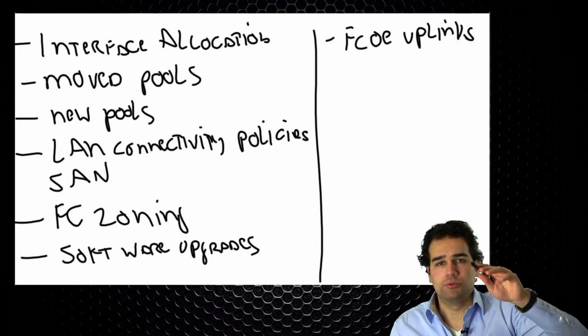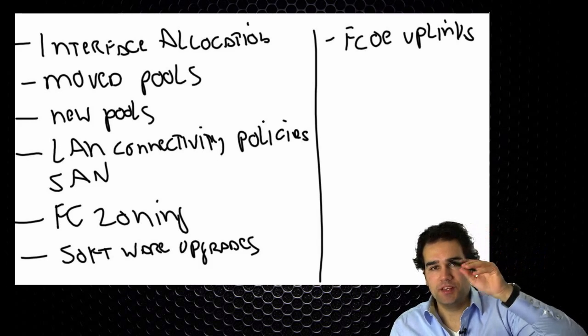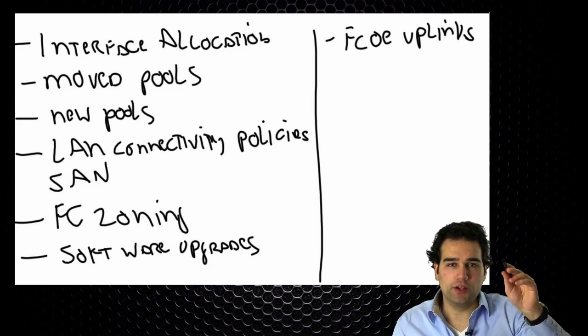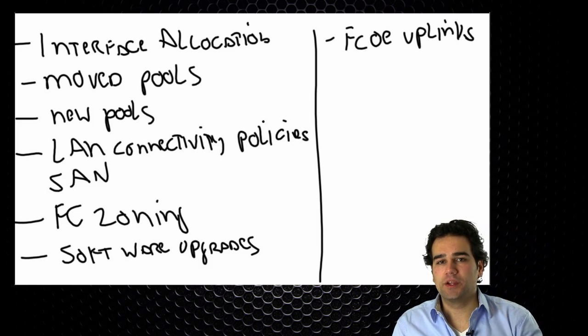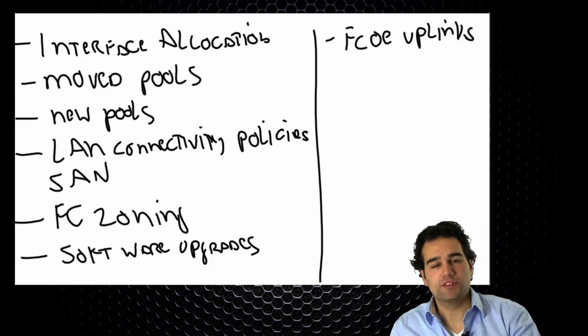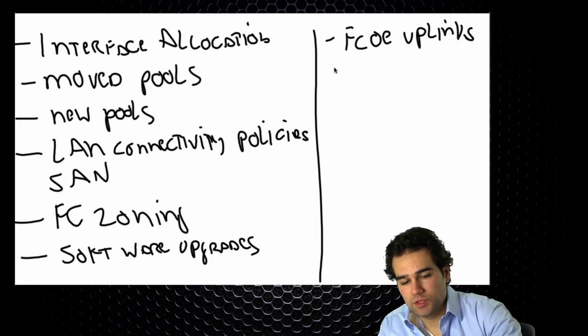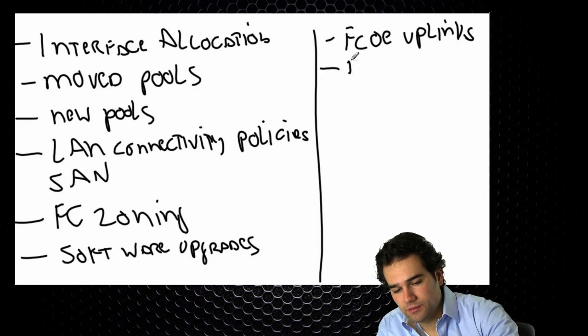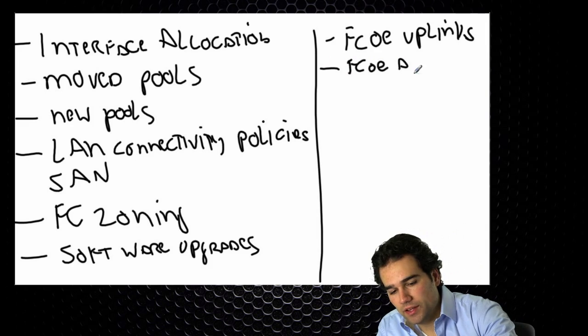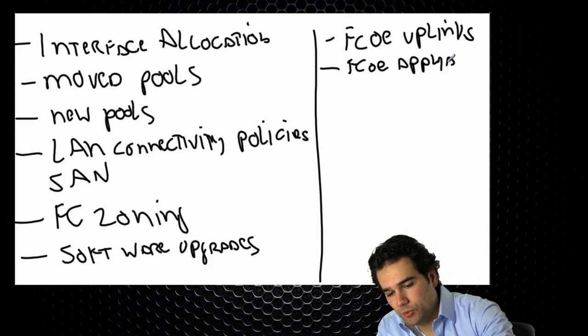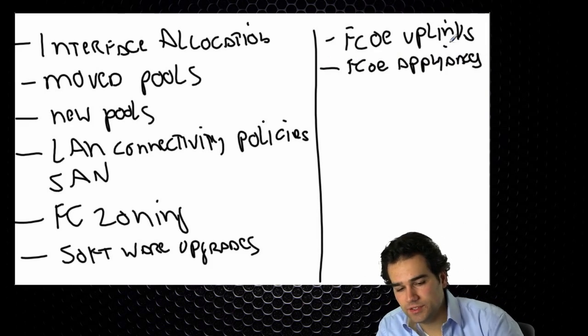So there's no way to break out on FCoE, so it's all internal. When I break out to my network, it's going to be either Ethernet or fiber channel, not FCoE in 2.0. We changed that, so we now support FCoE uplinks, but also FCoE appliances, just like we support fiber channel appliances.